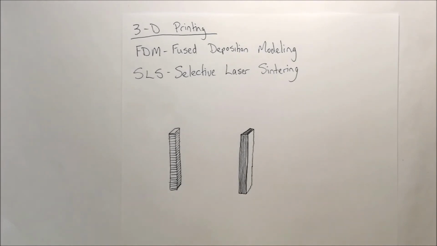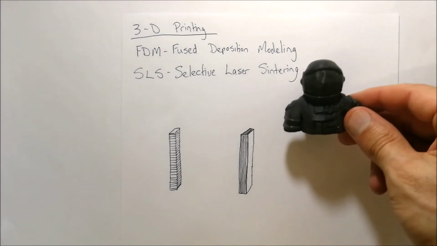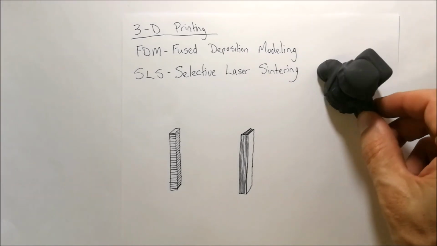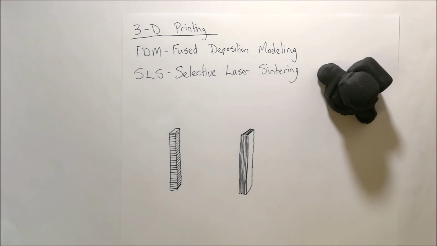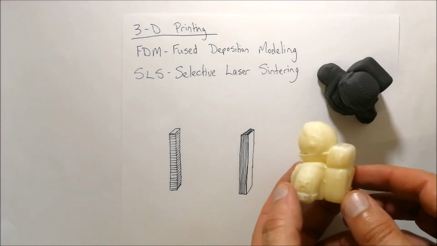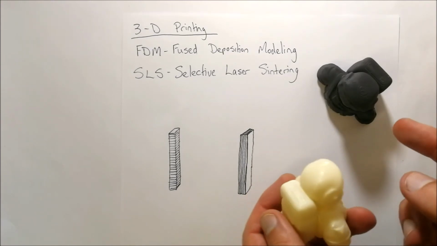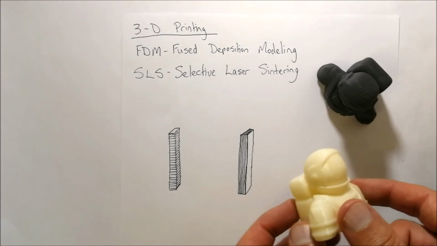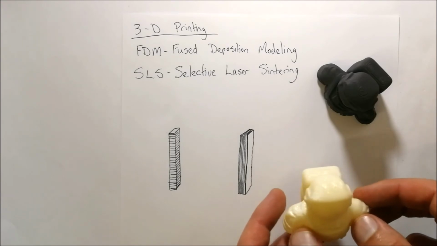Over here I've got an astronaut that I printed with a 3D printer. You get different colors and shapes. As you can see, I've got this one in a grayish type of material.